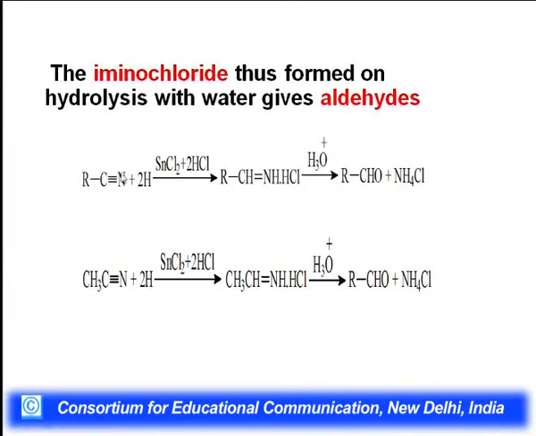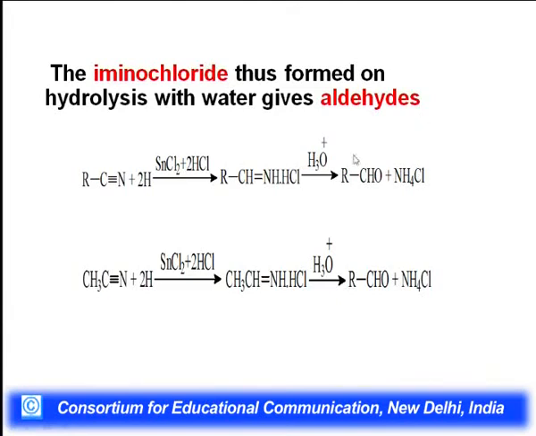Now this nitrogen is more electronegative and it will pull the electrons towards itself. So this is how the reaction starts. Now this reacts with HCl to give us an aminochloride, and this aminochloride on hydrolysis gives us an aldehyde along with ammonium chloride.